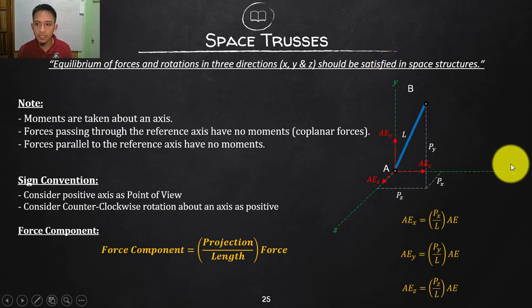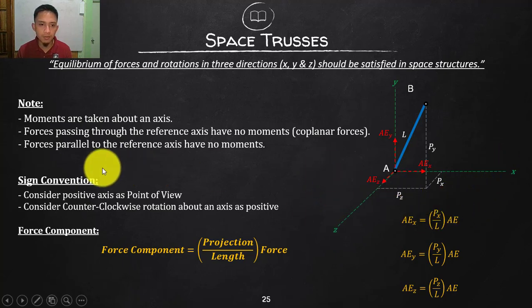Same thing here in x. This is the positive, so this is where we will imagine that we are looking at the 3D structure from this position. That is again the point of view. And with the z-axis, if you are looking at the front view, then you will assume that you are looking from this position.